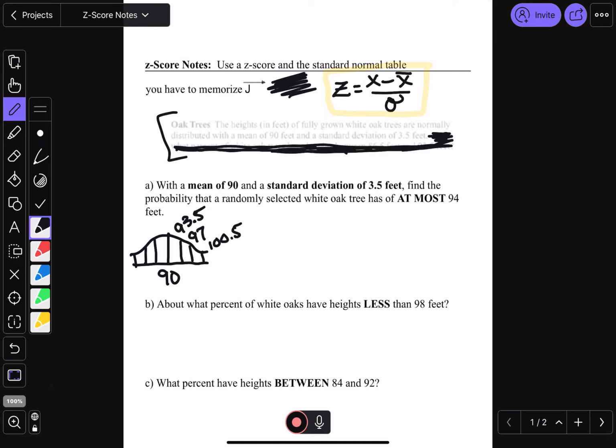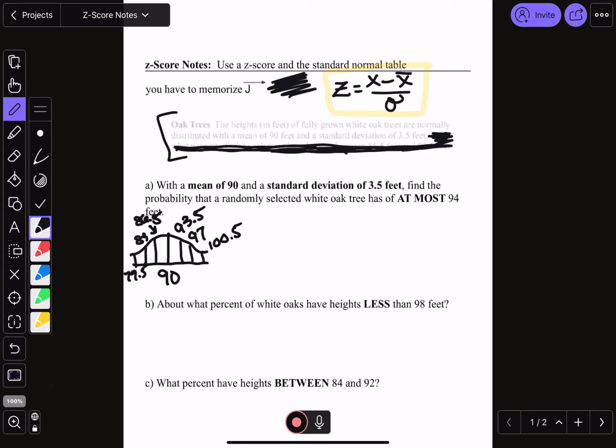So 3 lines to the right are those 3 numbers, and then we're going to subtract on the left. So 90 minus 3.5 is 86.5 for the first one. Minus 3.5, we have 83. And then minus 3.5 again, we have 79.5. So 3 lines to the left, 3 lines to the right.